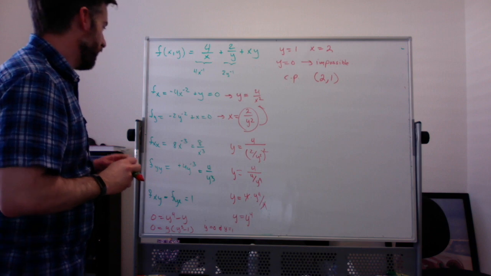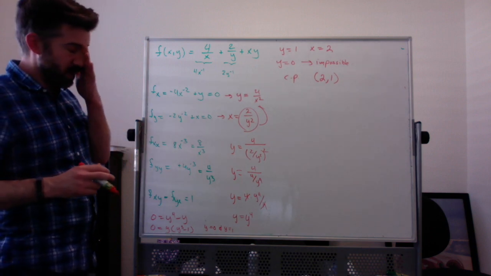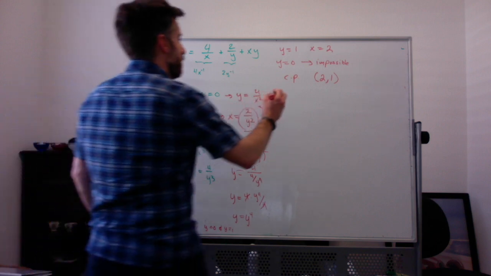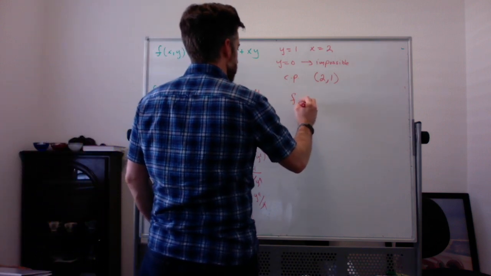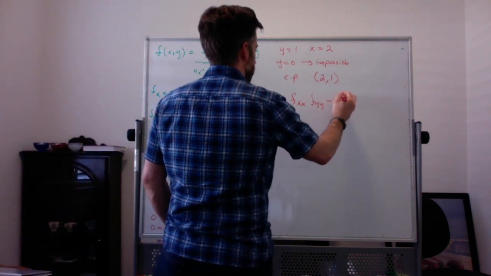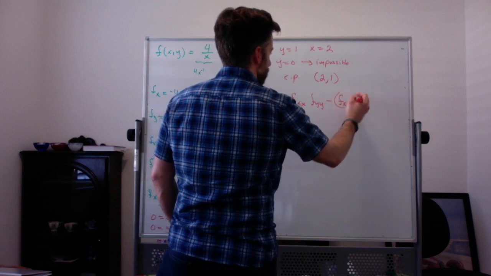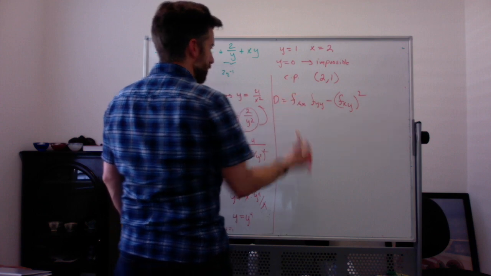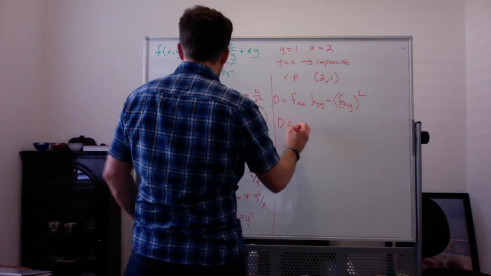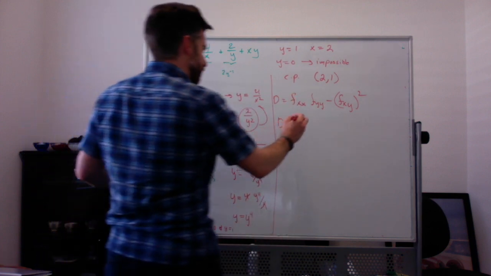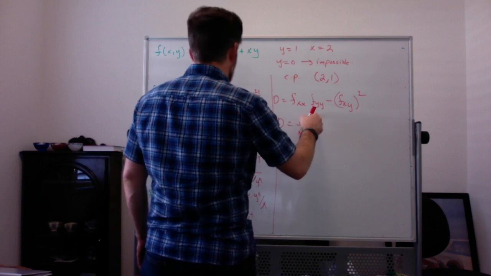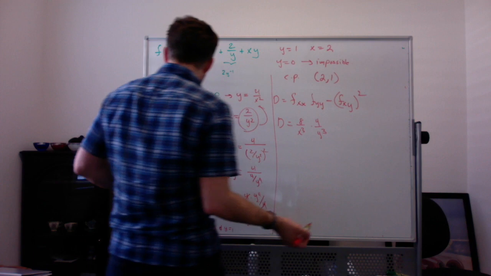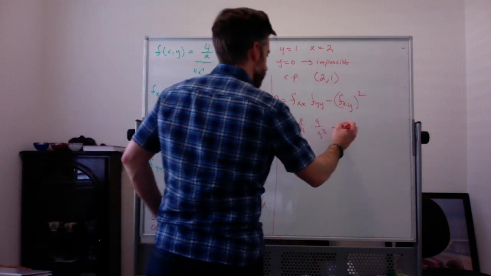Then we're going to evaluate the determinant of the Hessian, fxx fyy minus fxy squared, right, that's our capital D. That's going to equal, so fxx is 8 over x cubed, fyy is 4 over y cubed, and fxy is 1.